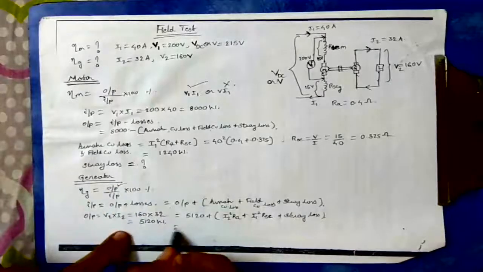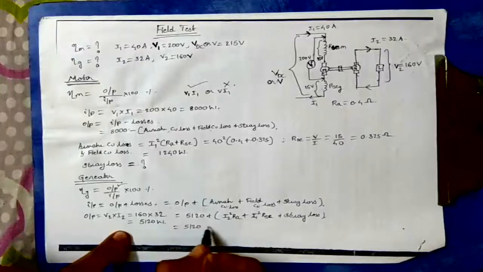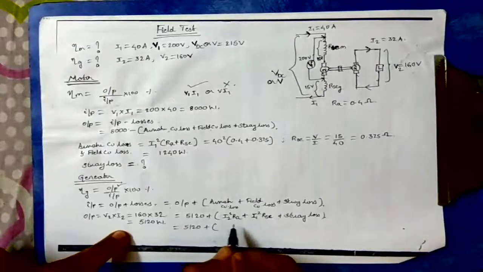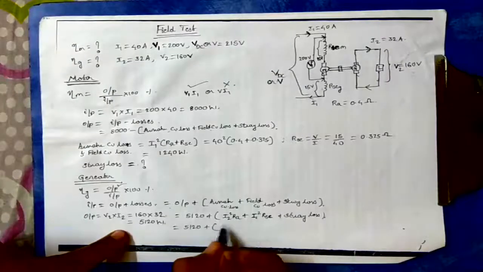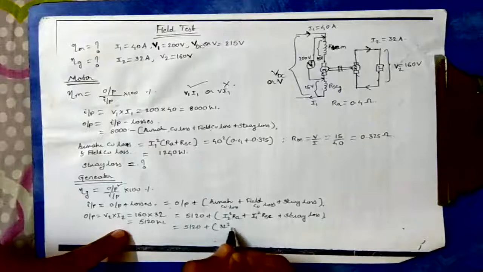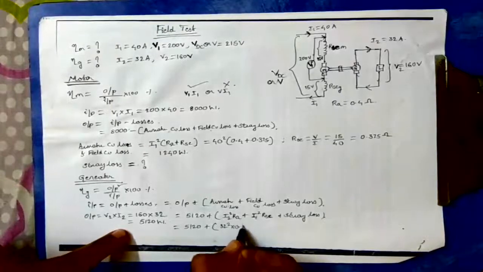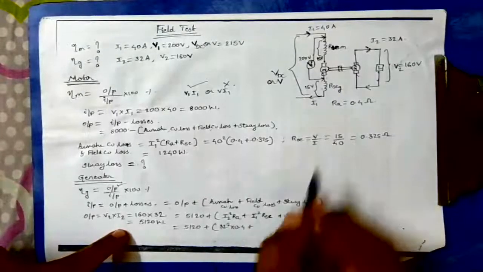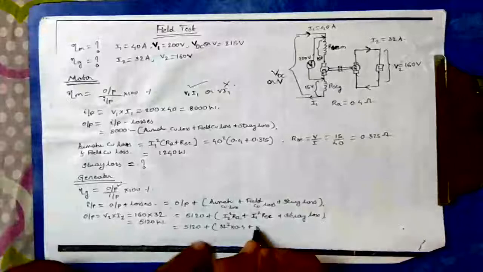Okay, so 5120 plus I2 square RA. I2 is 32 square, and RA is 0.4. Both are the same. I1 is 40 ampere.